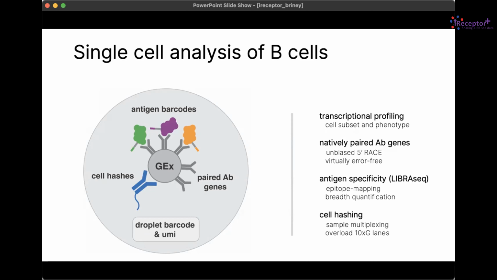You have a huge amount of information that you can gather from each individual cell, some of it genetic, but what I think is even more exciting is we're moving into using super high throughput sequencing-based readouts for what would typically be a functional assessment, and antigen specificity is a good example. So we can now generate a huge amount of data for each one of these cells. Linking those together is a problem, as is just the magnitude of the data we're working with.